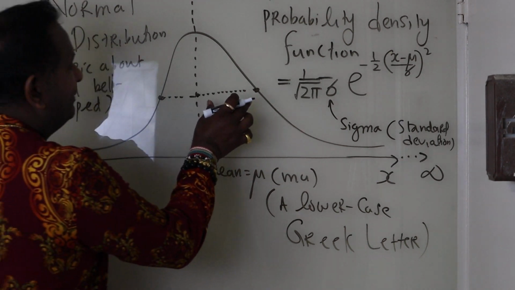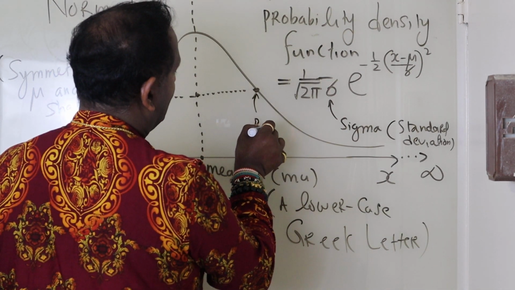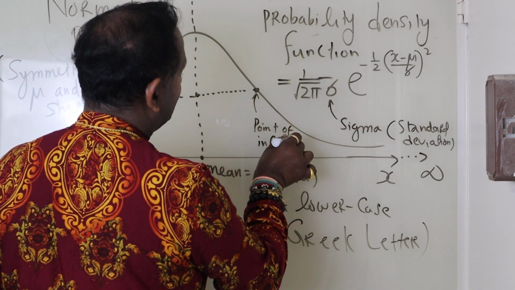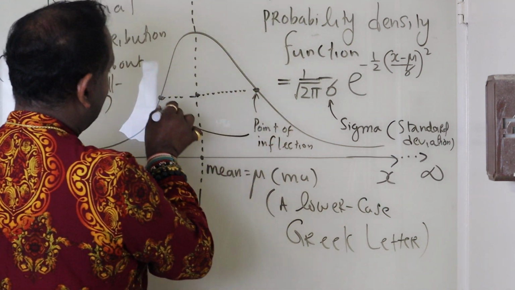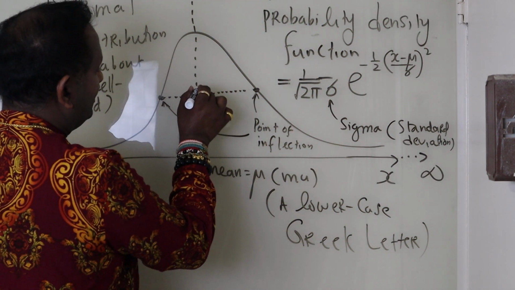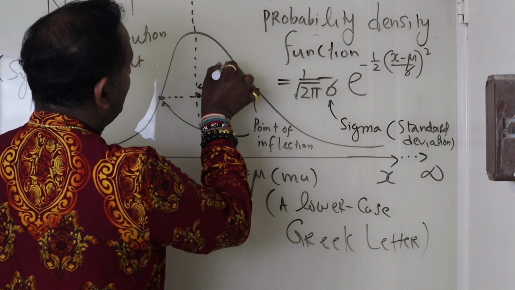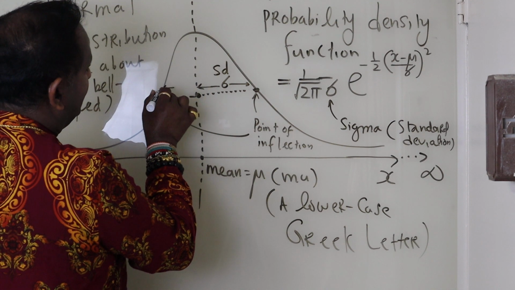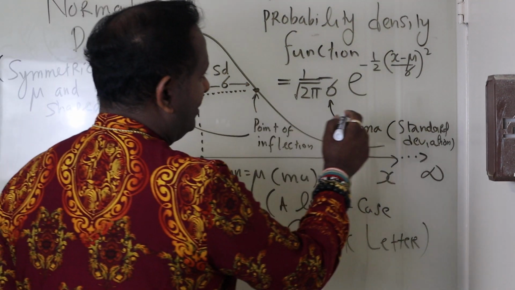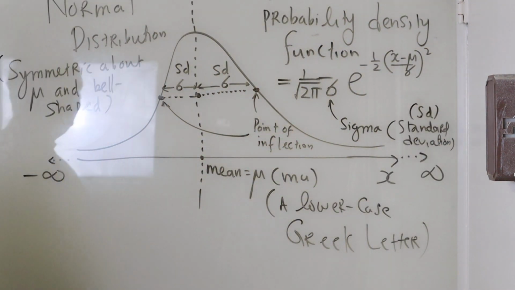That distance is referred to as this is one of the points of inflection of this particular function. There's another point of inflection on this side. That distance from here to here is sigma. That's the standard deviation. I'm going to denote that by SD. See, sigma, SD, standard deviation.